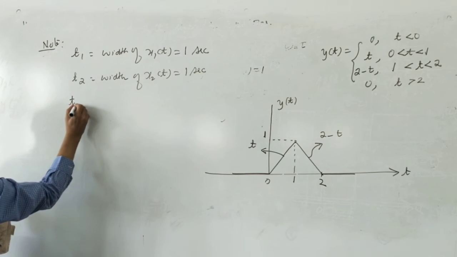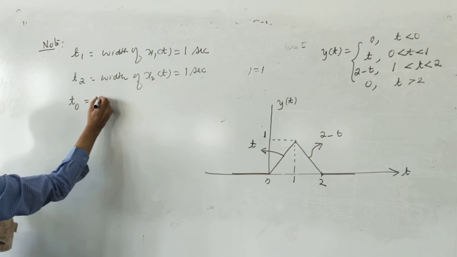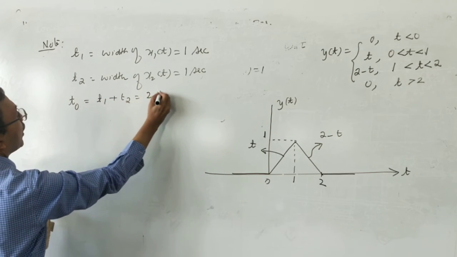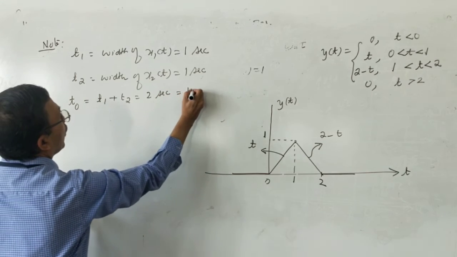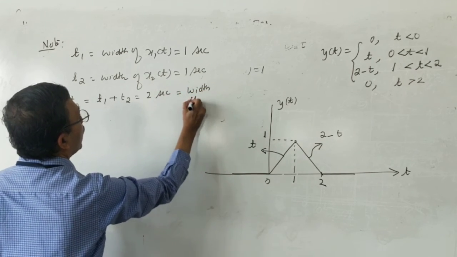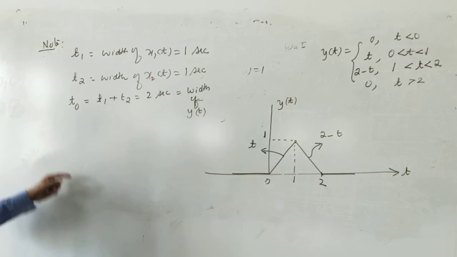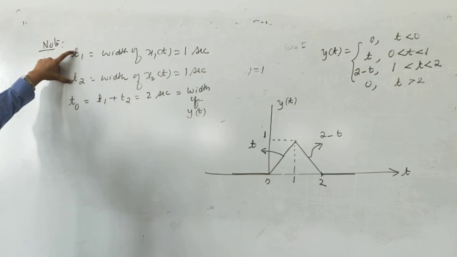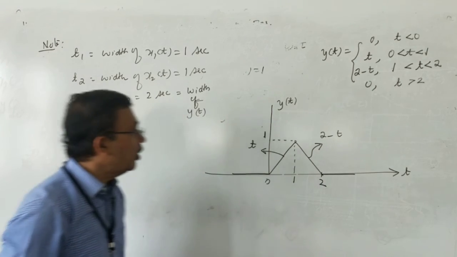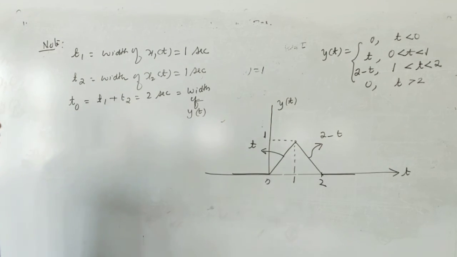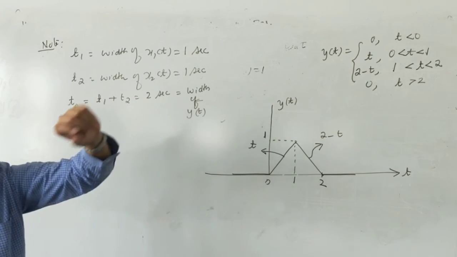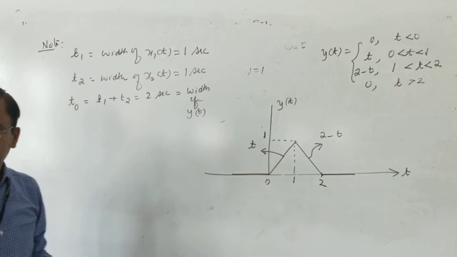Let us say T0 equals T1 plus T2, which is 2 seconds, equals the width of y of t. What is important is T1 plus T2 is 2. Therefore, the width of y of t is 2. That also says you are in the right direction. This is how we have to convolve two pulses having the same width.